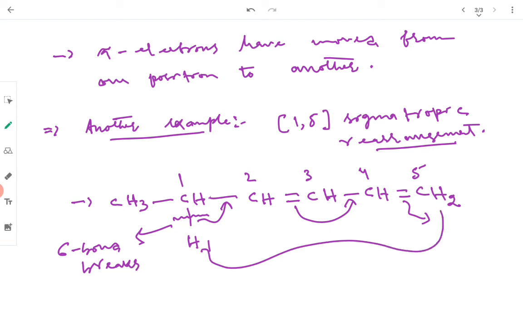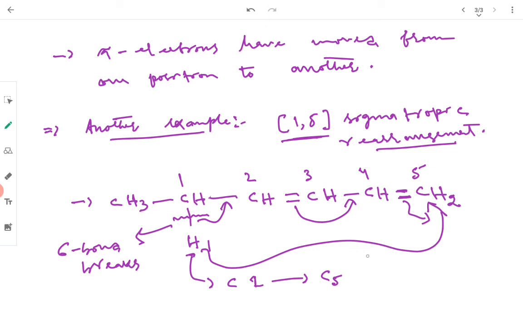It will get attached to this carbon using two electrons from this pi bond. So this hydrogen goes from C1 to C5. That's why it's known as a 1,5 sigmatropic rearrangement.